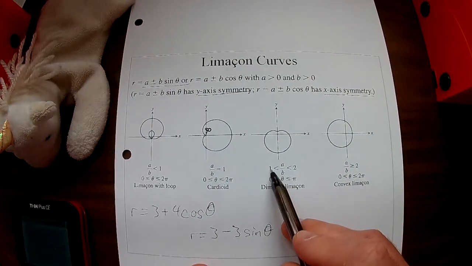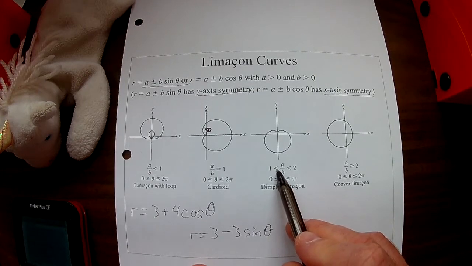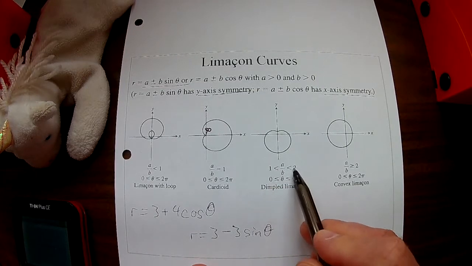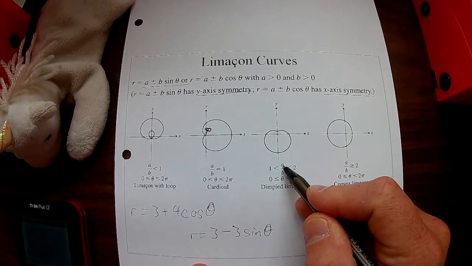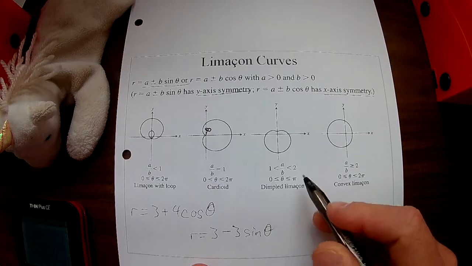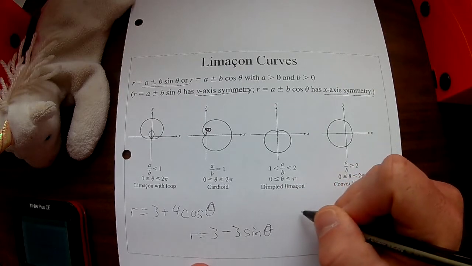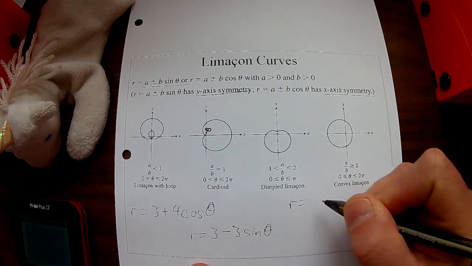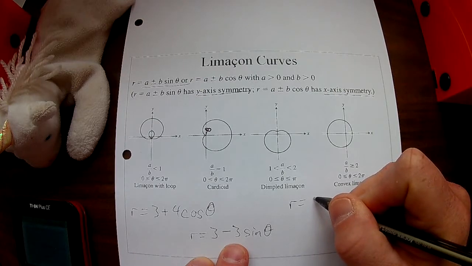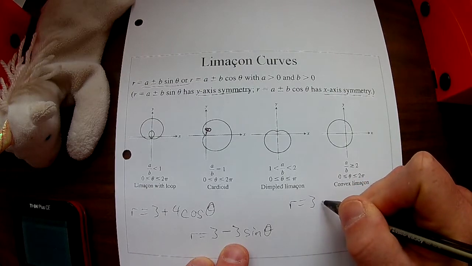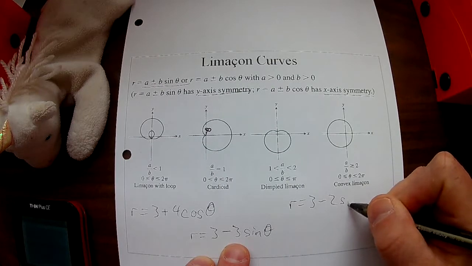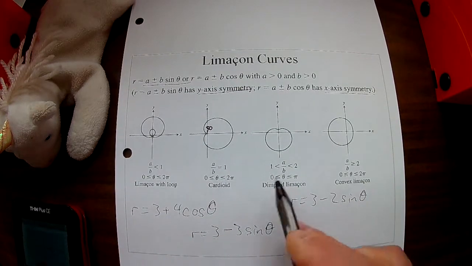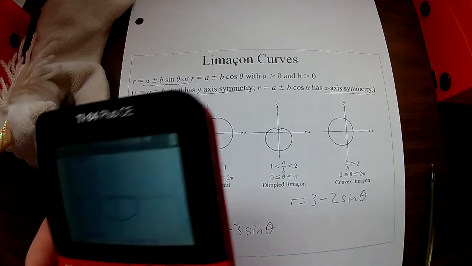Versus the dimpled limaçon, where the ratio of a to b is between 1 and 2, so a is now bigger, but less than twice as big as b. So I could have r equals a bigger, so 3 minus 2 sine of theta. I'm betting that's going to look similar to this.